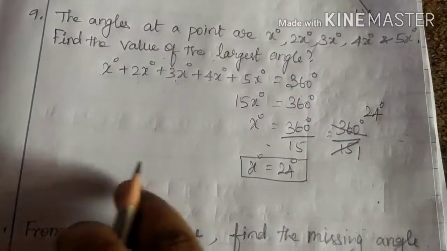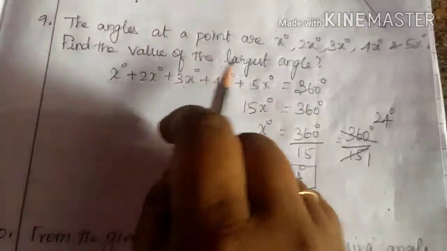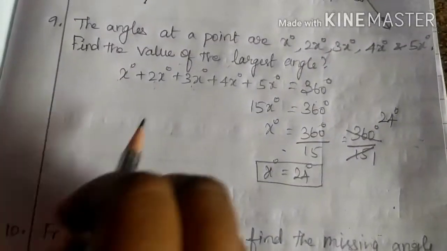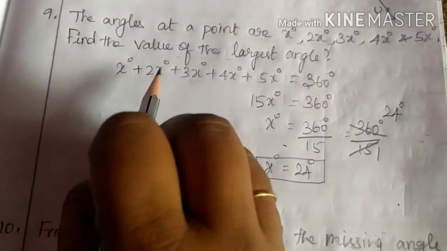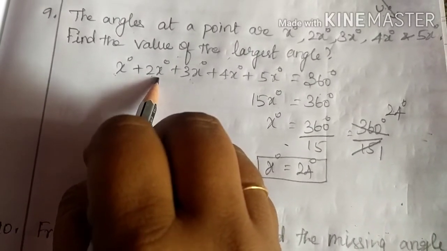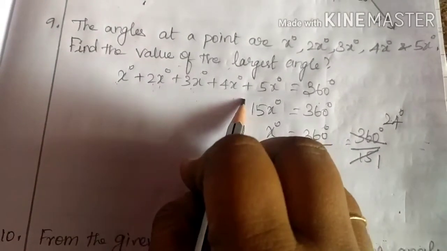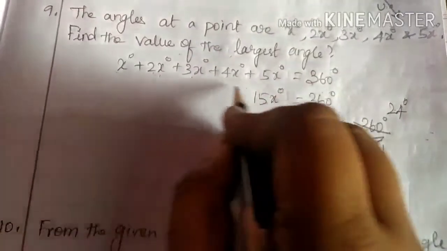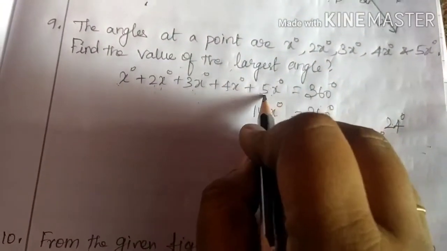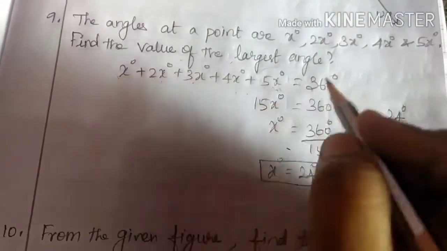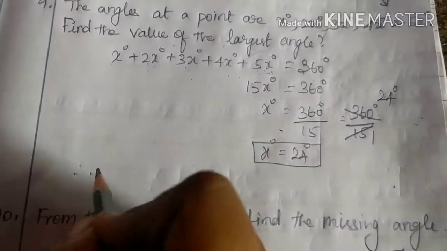Now we want to find which is the largest angle. So this is 24. 24 into 2 is 48. Like that, if you multiply this 24 with all the numbers, obviously 5 into 24 will be the greater.